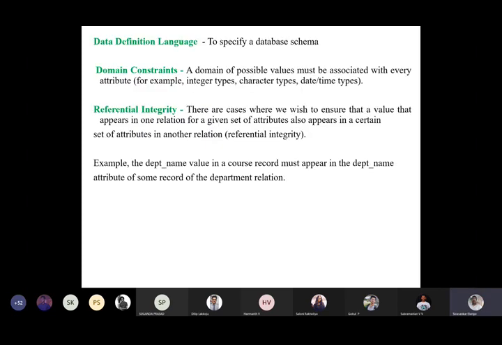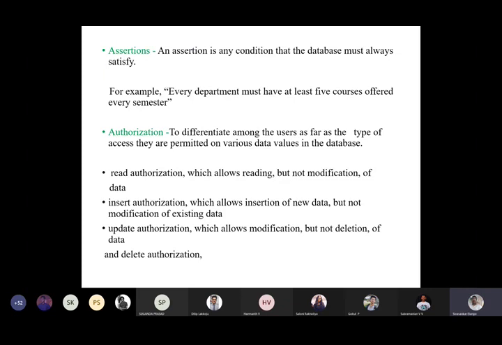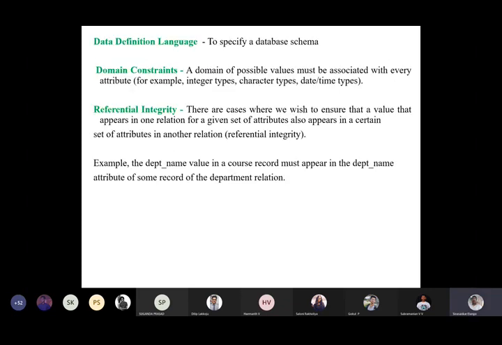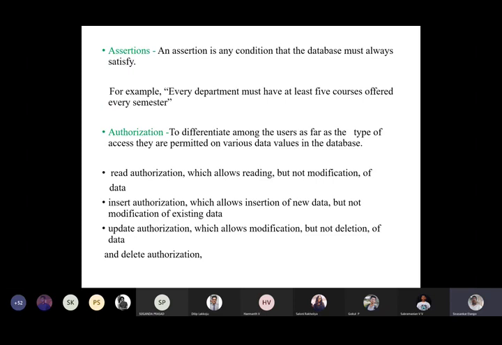Right. So data definition language, I think there is some repetition. So what can be done in data definition language is to define the database schema. You can enforce different constraints like domain integrity constraints, referential integrity constraints, assertions, and authorization also can be permitted in DDL.